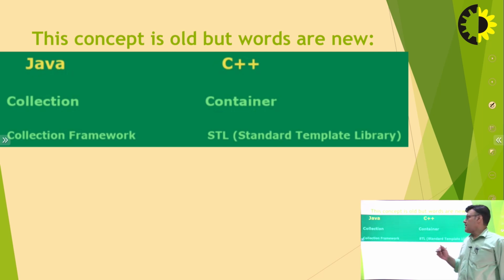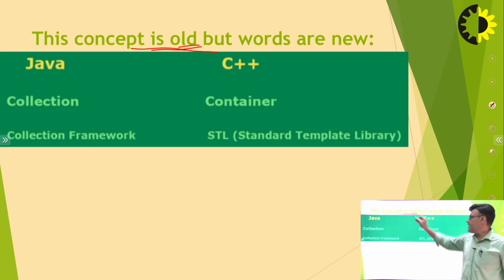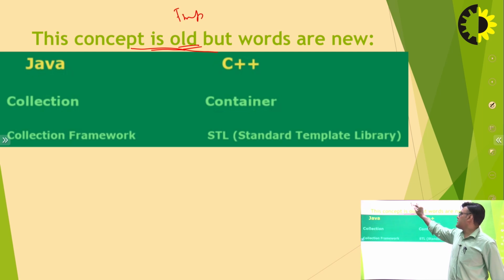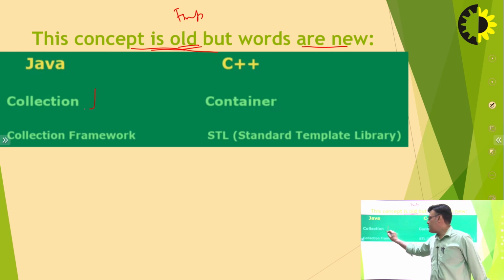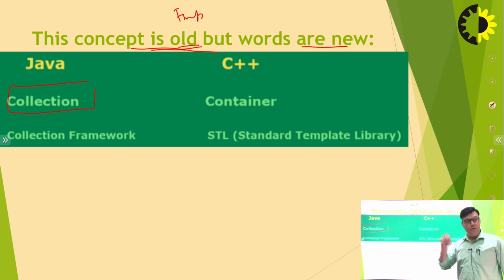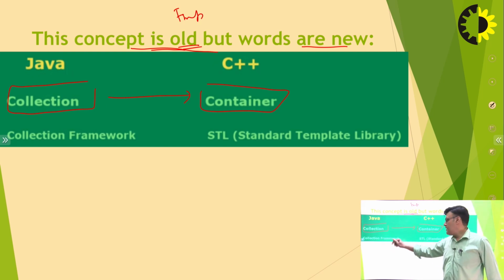Now I just want to tell you that the concept of collection is old. This is important, but only the words are new. What words are new? In Java we use collection, but before that in C++ it is defined as container. In C++ the same concept is defined as a container, and in Java it is called collection. And what is this collection framework?